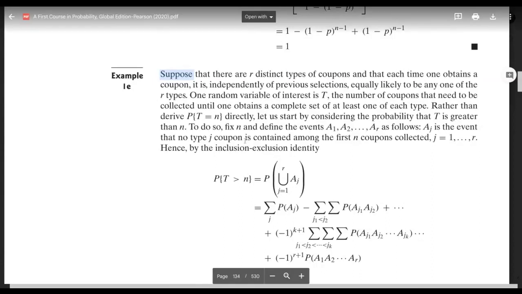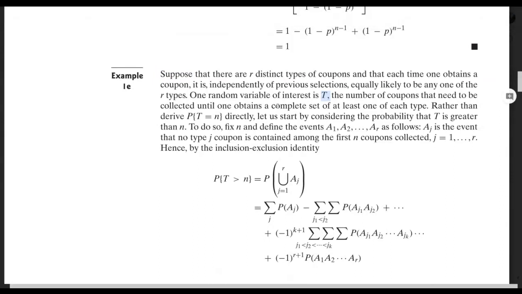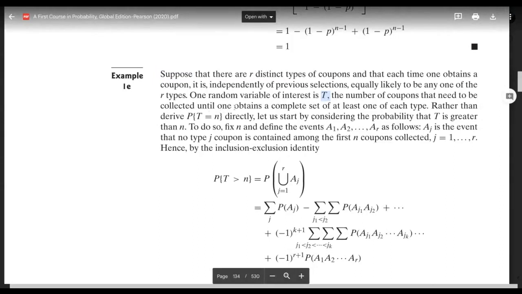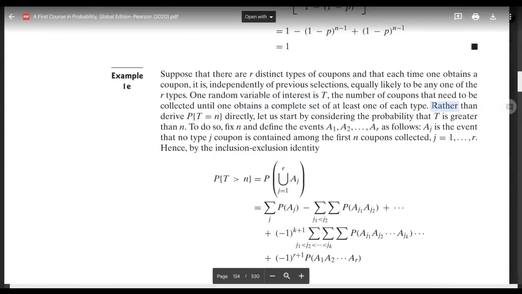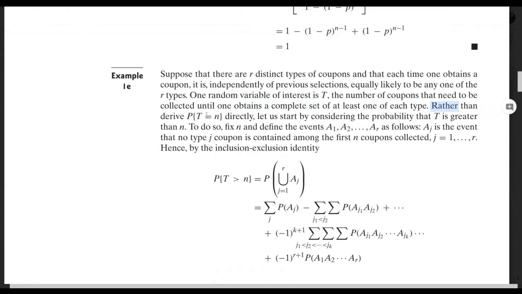One random variable of interest is T, the number of coupons that need to be collected until one obtains a complete set of at least one of each type. Rather than derive the probability of T equals n directly, let us start by considering the probability that T is greater than n.